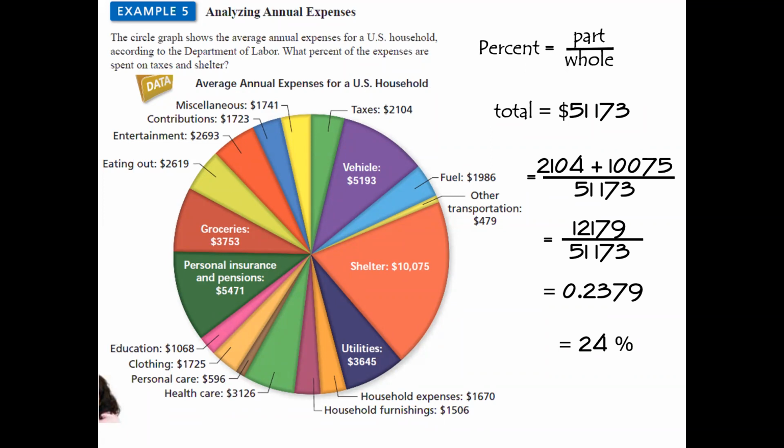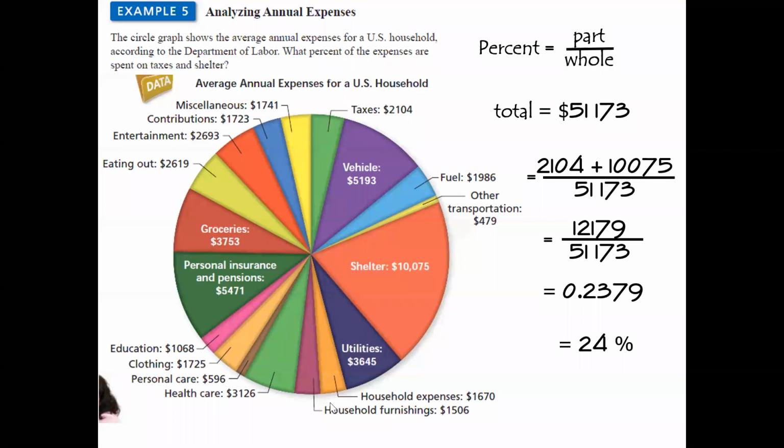Let's move on to the next one. Again, the most important part is being able to read this pie chart. And it asks for expenses on taxes and shelter. So we chose taxes, which is this 2,104, and shelter, which is 10,075 over the total.